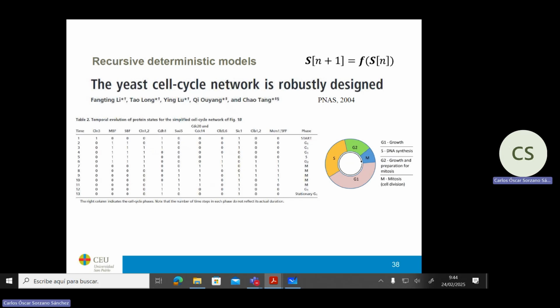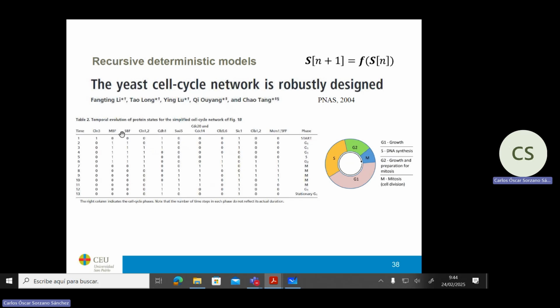And then they associated the states to the cell cycle state. In the cell cycle, you have 4 or 5 states. G1 growth, then DNA synthesis, G2 growth and preparation for mitosis, and then the cell divides, and you have 2 new cells that go again into G1 and so on.